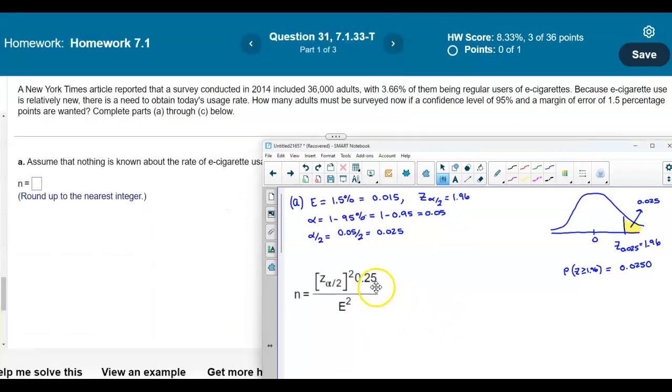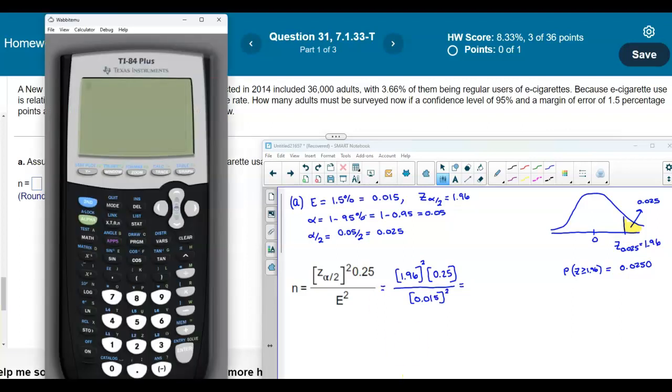Now we have the information to find our sample size. We found the critical value to be 1.96. We're going to square that, multiply it by 0.25, and then divide it by the margin of error squared. The margin of error is 0.015, and we square that.